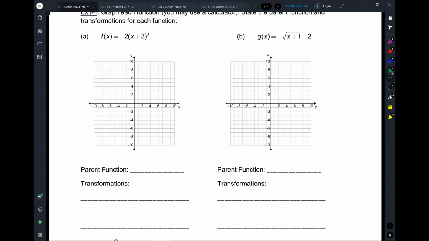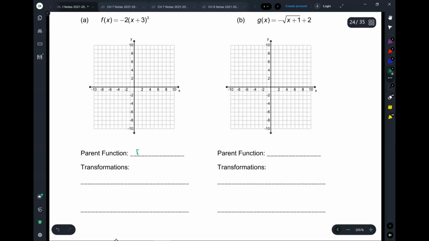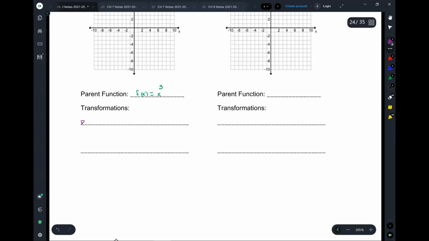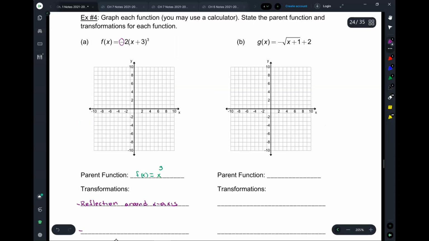So the parent function, you would have to write down f of x is equal to x cubed. Okay? Transformations. There could be one, there could be two, there could be more than that. But you have to list every single one. So the negative is a reflection around the x-axis. Okay?